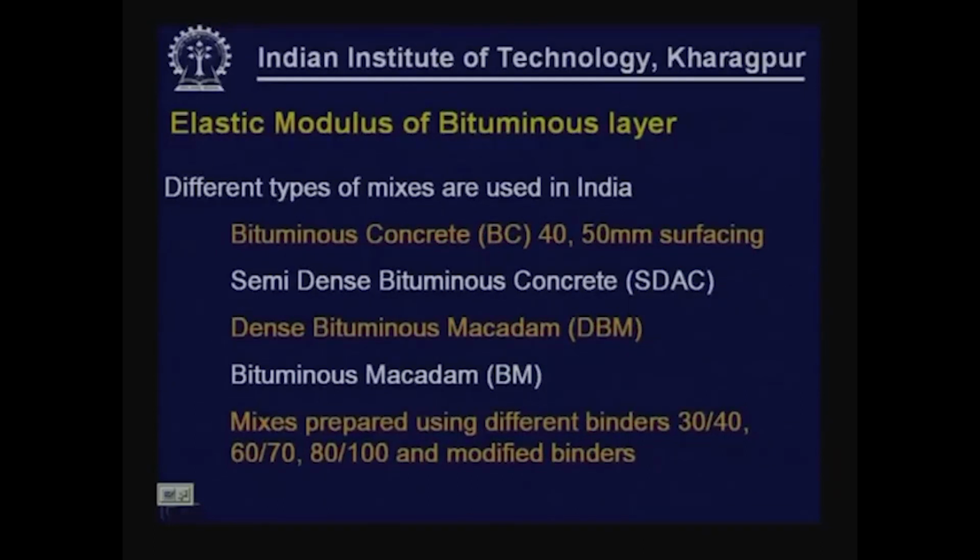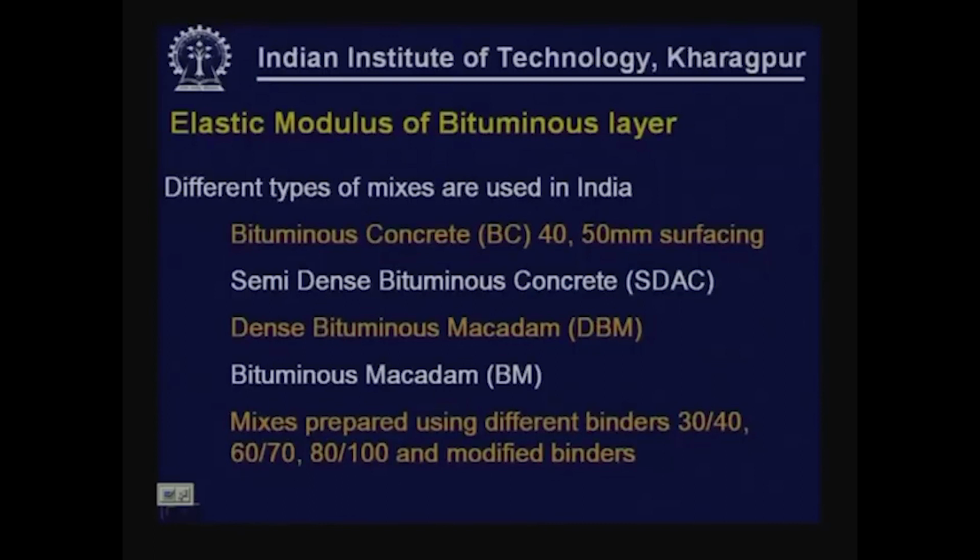Mixes are also typically prepared using different types of binders: 30-40, 60-70, 80-100 penetration grade binders, and nowadays different types of modified binders: polymer modified binder, crumb rubber modified binder, and various other types of modified binders. Normally we do not use 30-40 binder.